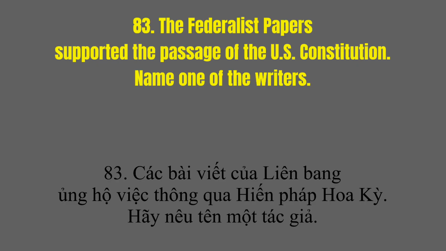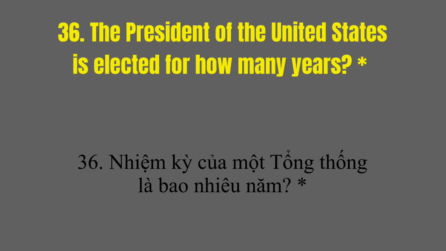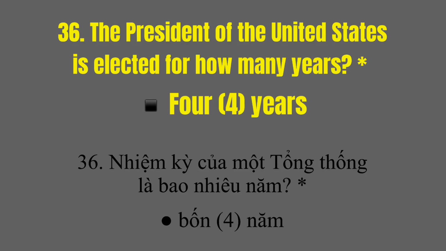The Federalist Papers supported the passage of the U.S. Constitution. Name one of the writers. John Jay. The President of the United States is elected for how many years? 4 years.